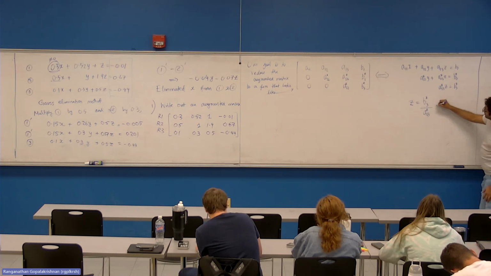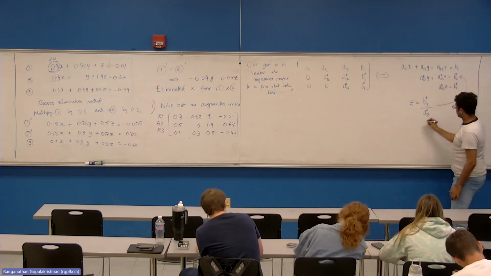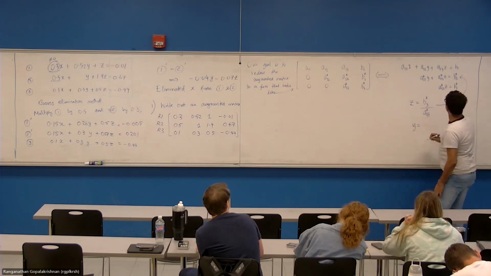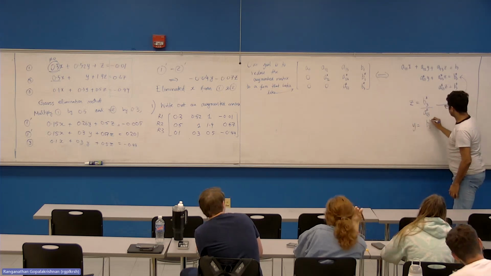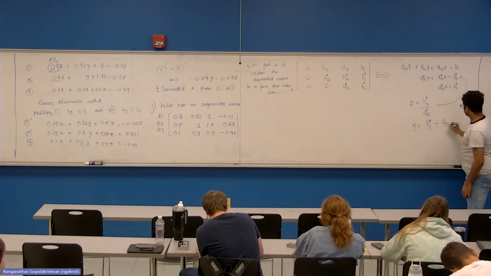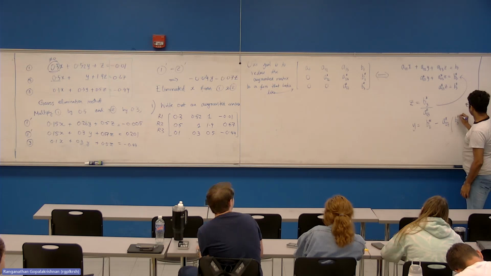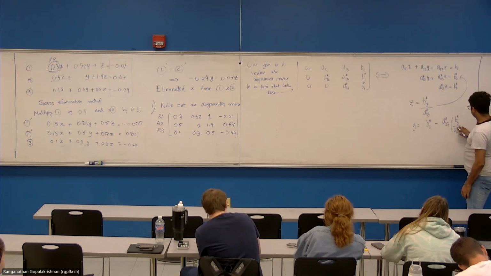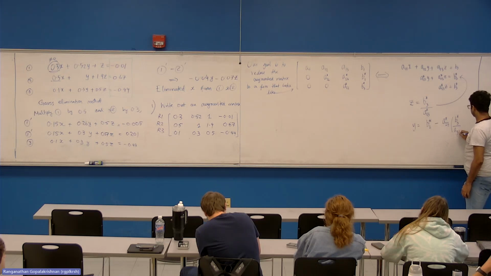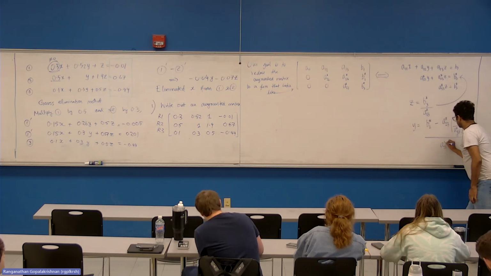And then you would use this z value back here and write y equals B2 star minus A23 star times B3 star divided by A33 star, and then divide the whole thing by A22 star.